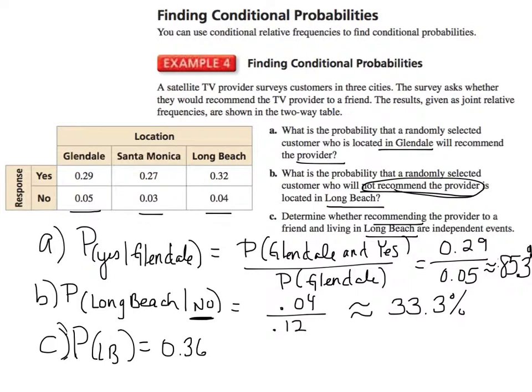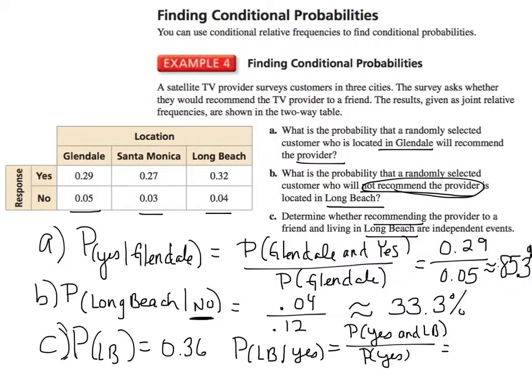So we want recommend the provider. So probability of Long Beach given that's a yes. Using our formula, we know that means it's the probability of yes and Long Beach divided by the probability of yes.